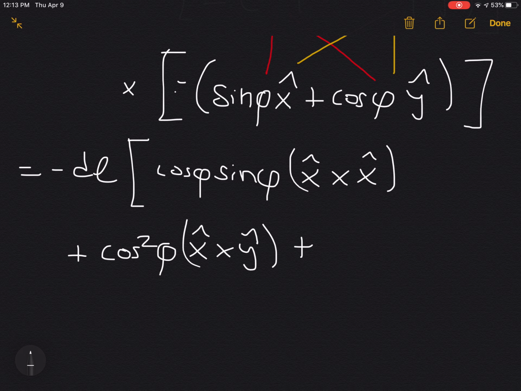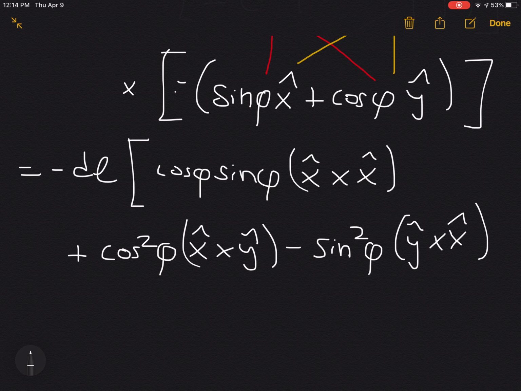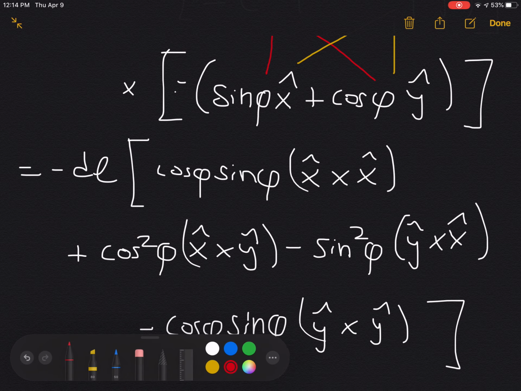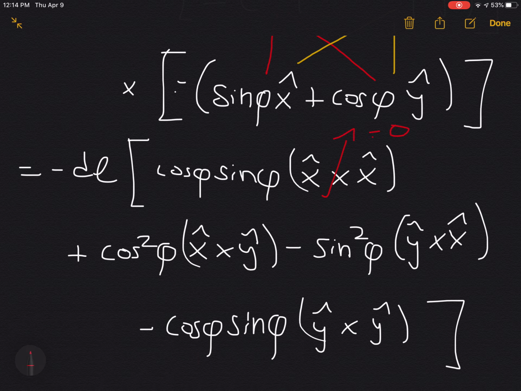Plus you're going to get another term, when I do it the other way, it's going to be minus sine squared phi y hat cross x hat, and then I believe minus cos phi sine phi y hat cross y hat. Okay, now we're all mature adults here, so we know that this is equal to 0, and this one is equal to 0. Very good.